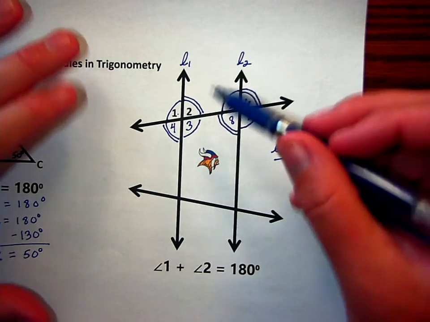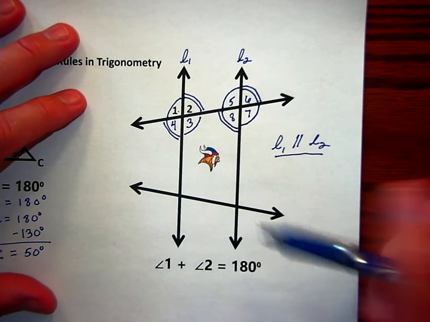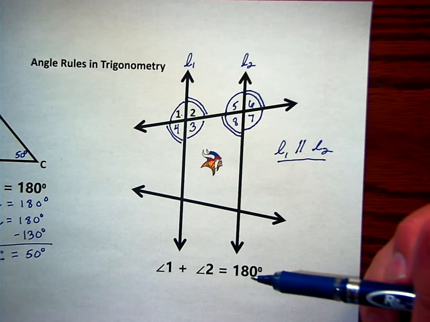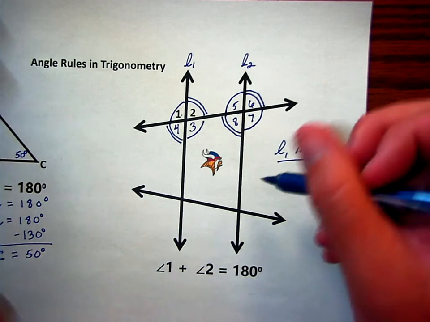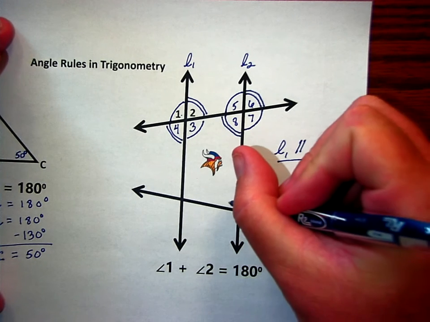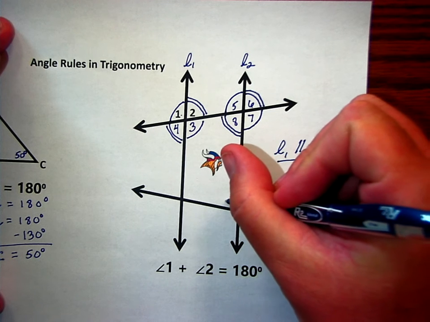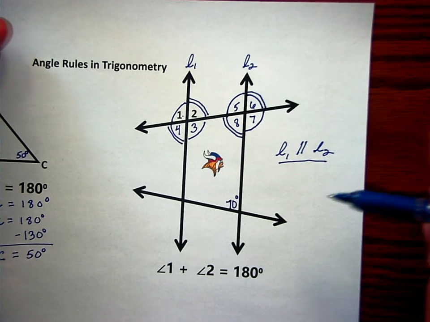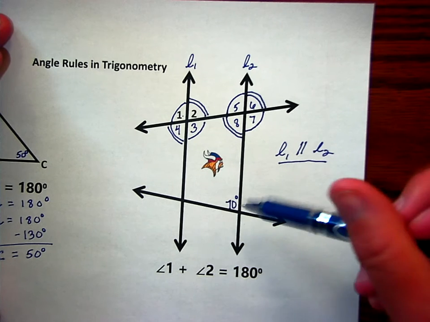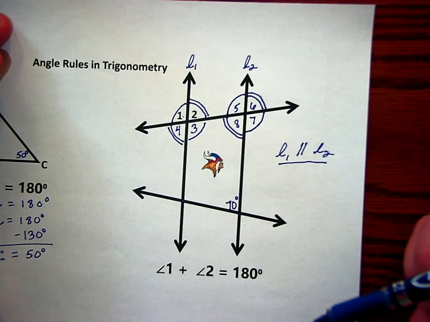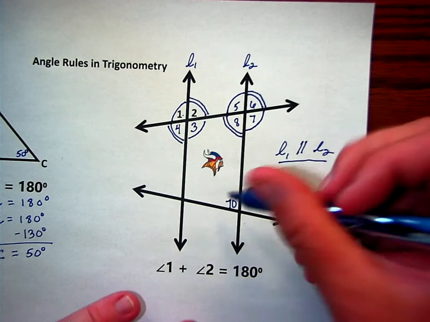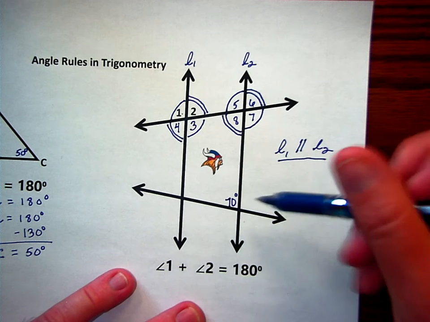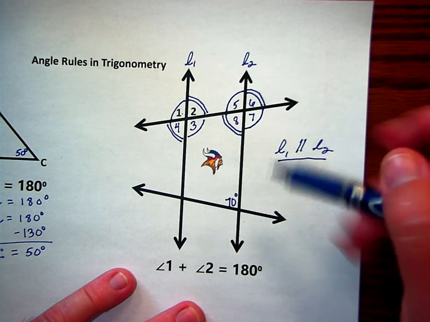So let's use this to figure out some angle measures down here. And let's start off by saying that this angle that is right here, let's say that this angle is 70 degrees. Knowing that angle, I can find all of the unknown angles that I have here. 70 has to add with this angle to be 180.